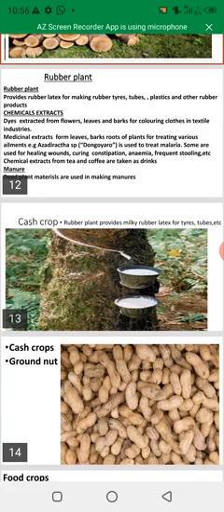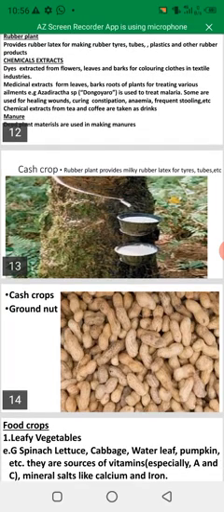We also have medical extracts from leaves, from barks of trees, also from the roots of trees to treat some ailments. Also, there are chemical extracts from tea, from coffee, just for our drink.